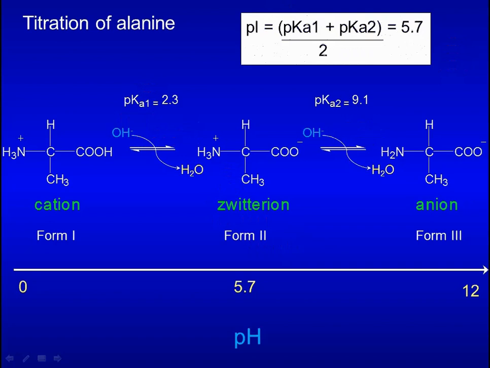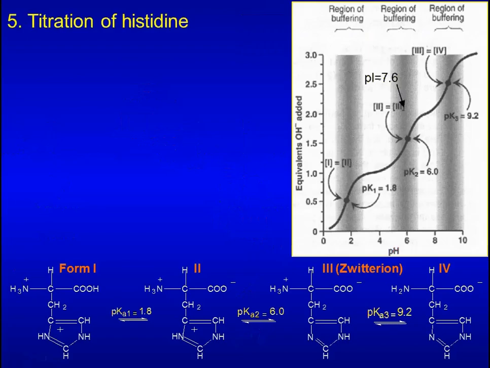Now, let's look at the amino acids that carry 3 ionizable groups. Here we use histidine as an example. Histidine has 4 forms. The net charge for these 4 forms range from +2 to -1. Please note, form 3 carries 0 net charge, so this is a Zwitterion.